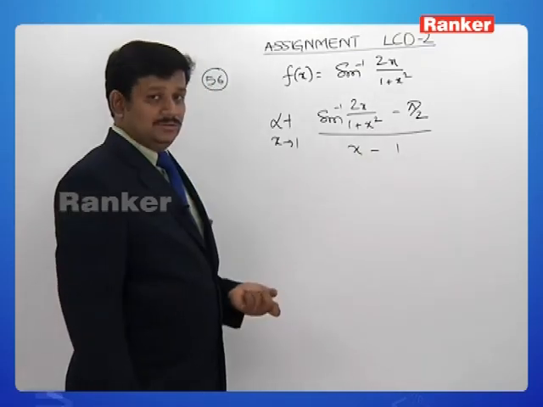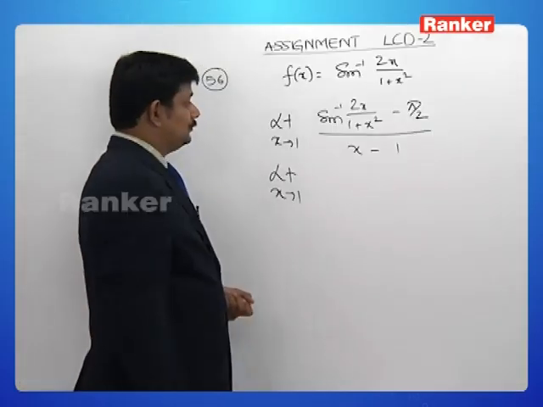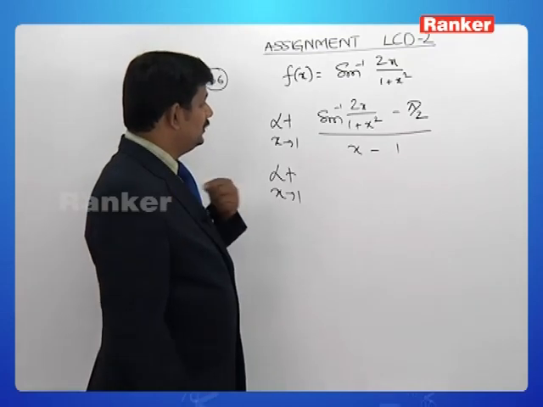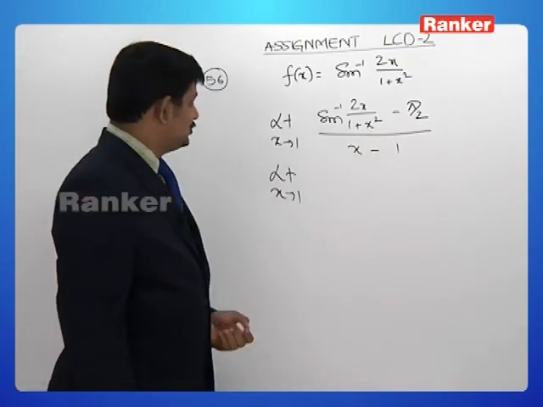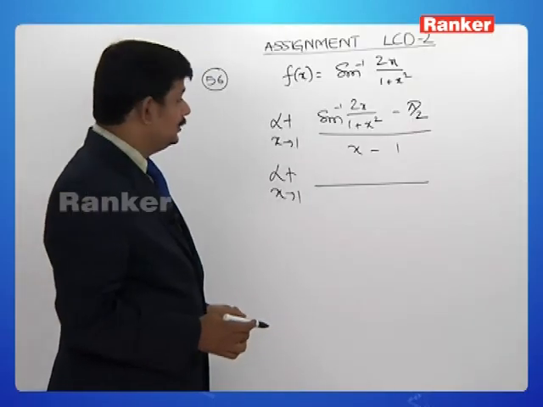Let us apply L'Hospital rule. Limit x extending to 1, f of x minus f of 1 divided by x minus 1. This is 0 by 0 form. Derivative of denominator is 1.